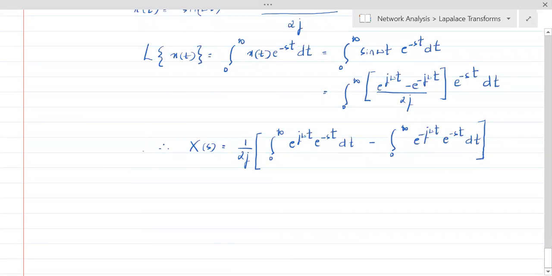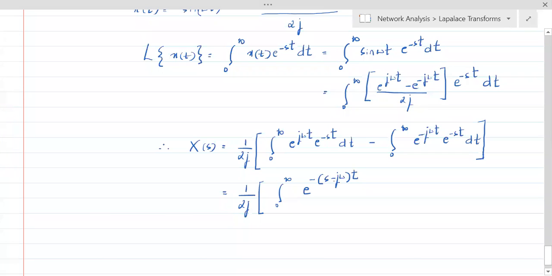So how to do that is this: 1 by 2j, 0 to infinity e power, how can we write this? I need s minus j omega, so I'll write this as minus of s minus j omega t.